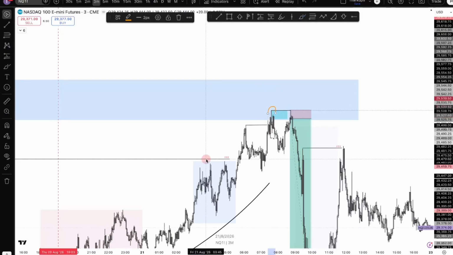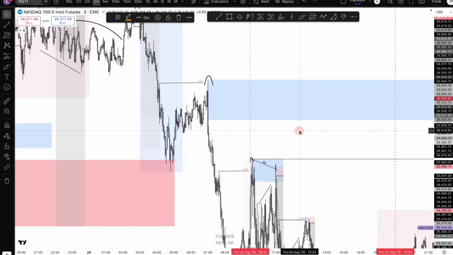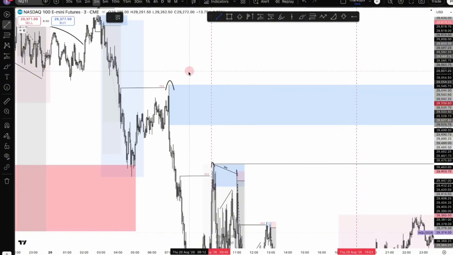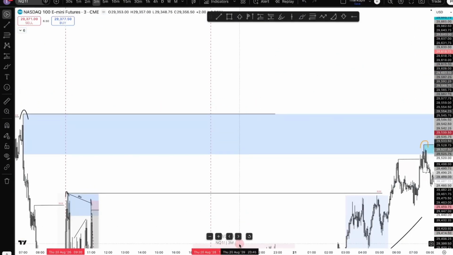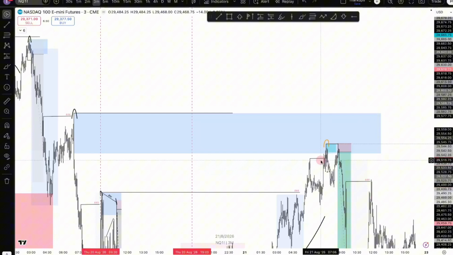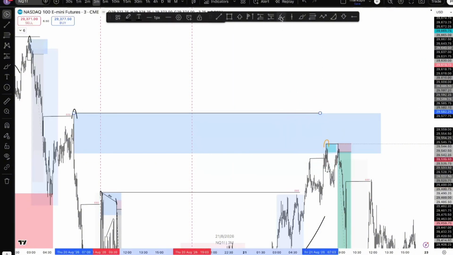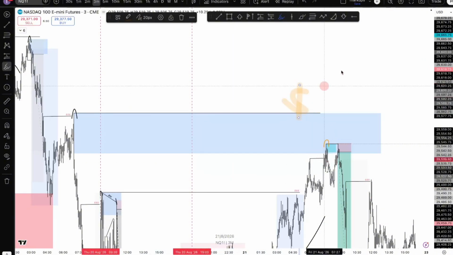But how do we know that this AMD cycle confirmed that this high is protected? Well, think about it logically. If there's any liquidity at this point right here, past this high, money, right?